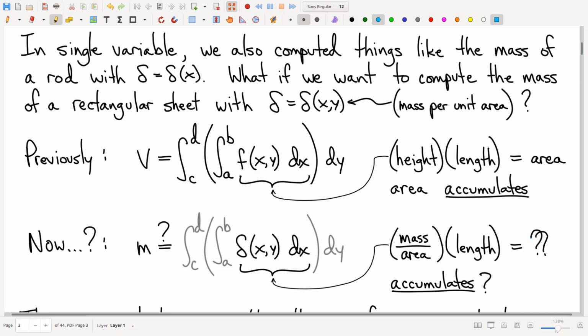And then it was pointed out, yeah, you can compute lots of other things too. You can compute the amount of mass in a one-dimensional rod along the x-axis, or the amount of work it takes to perform a task, or the population of bacteria in a petri dish. There's a million little applications, right?